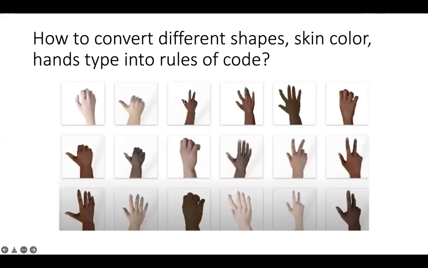But you can imagine that there are many types of skin color, how people pose the different rock, paper, scissors shapes, and it's difficult to define the rules so that we can teach a machine how to recognize the shapes.